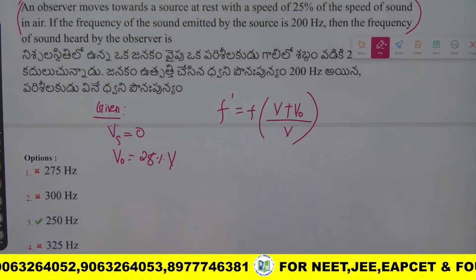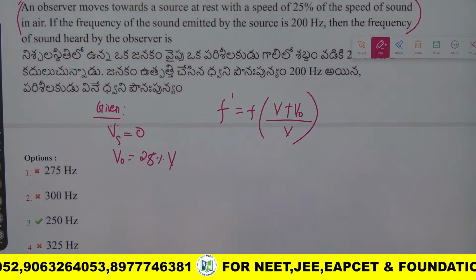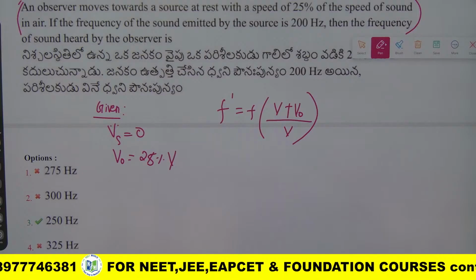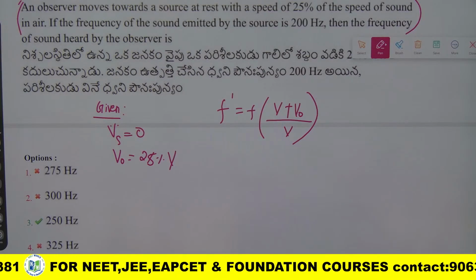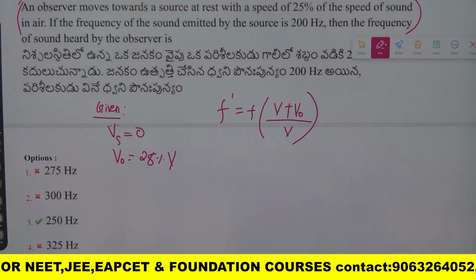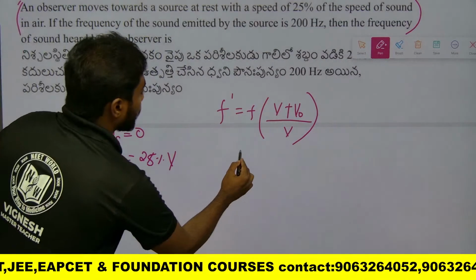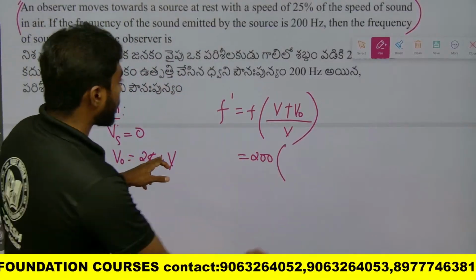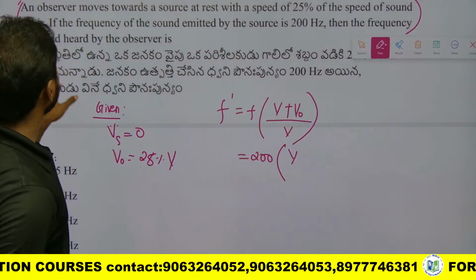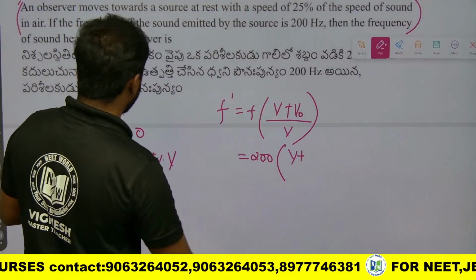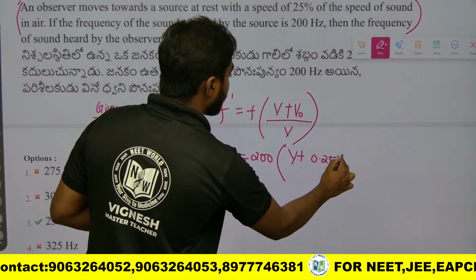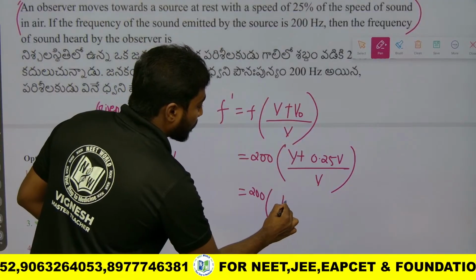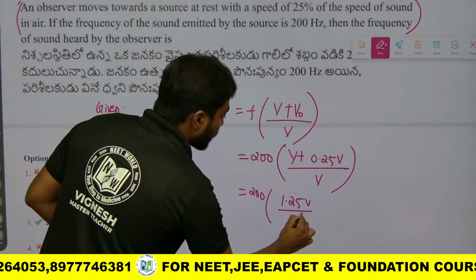I'll keep v as it is, and v naught as 25%, that is 0.25 v, by v. The frequency given is 200 Hz, so I can substitute it as it is: 200 into (v plus 0.25 v) by v, which is 200 into 1.25 v by v.